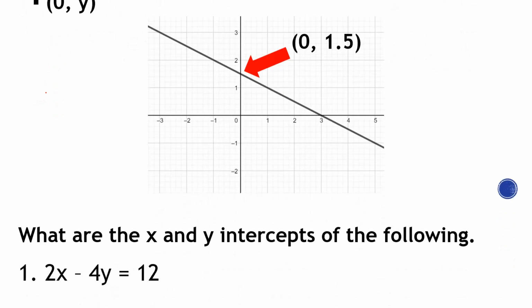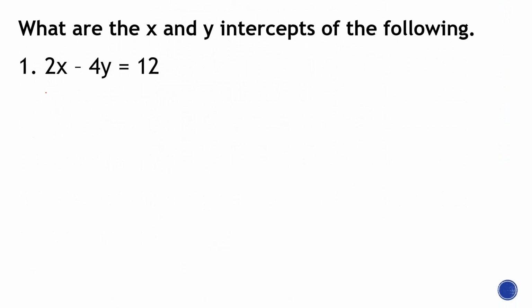Now, let's start by finding the x and y intercepts of this equation. So I will rewrite the problem first. Okay, 2x minus 4y equals 12, right?